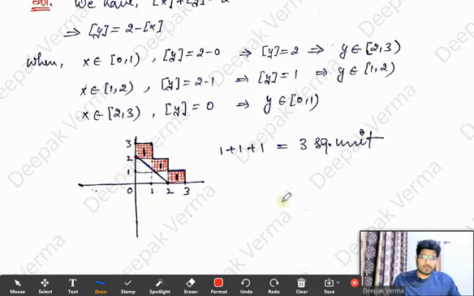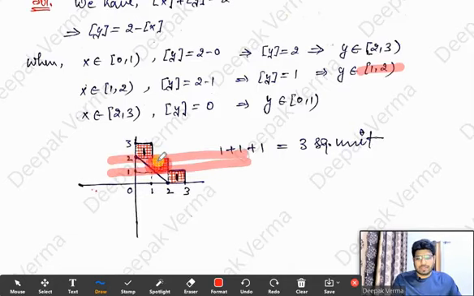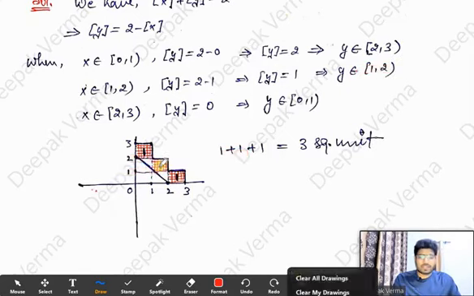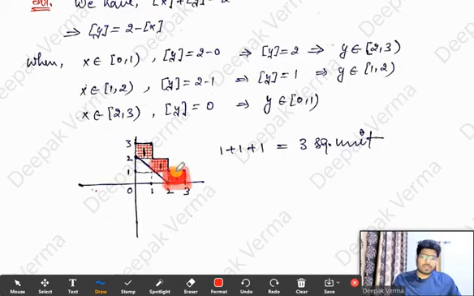If we consider endpoints, then x equals 1, x equals 2 are the lines, and y equals 1 and y equals 2. So we will get this square of 1 unit closed. Got it? This figure will be enclosed. Similarly here, when x belongs to 2 to 3, y will be between 0 and 1. Got it? So this figure will be enclosed.